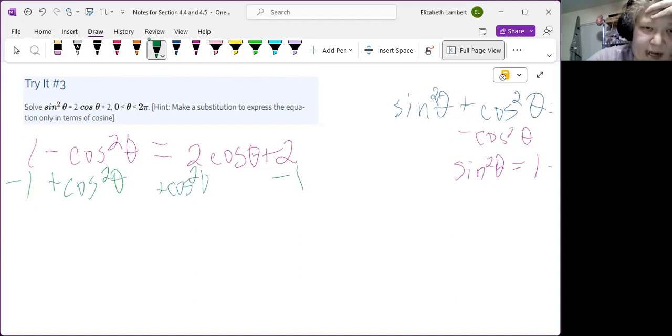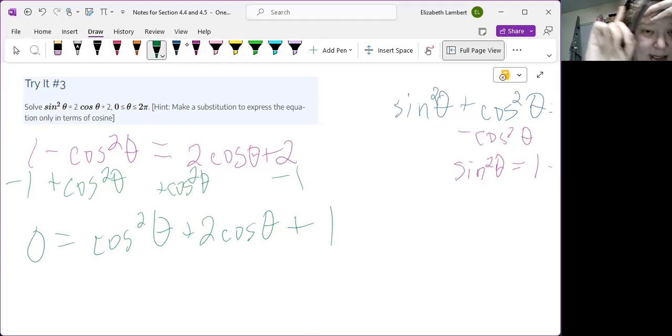I'm writing it in front here because it's not like terms with the cosine. This does not become cosine cubed. So this is now 0, which is what we need for quadratics, equals cosine squared theta plus 2 cosine theta plus 1.